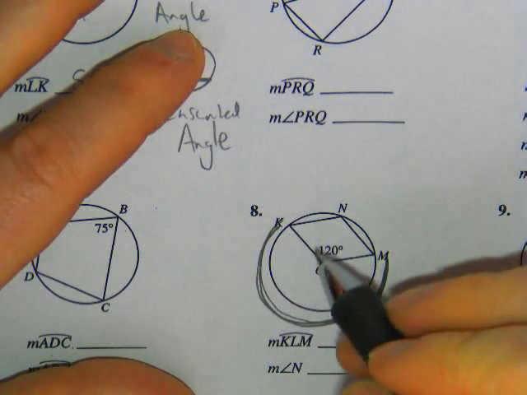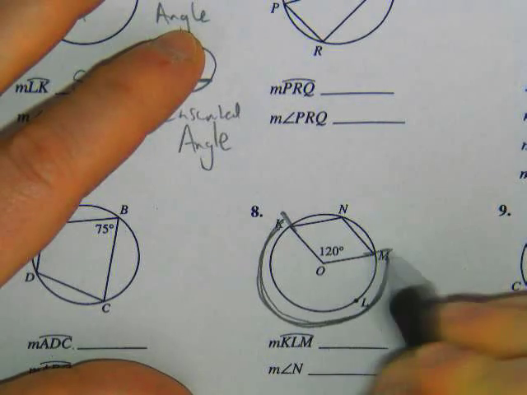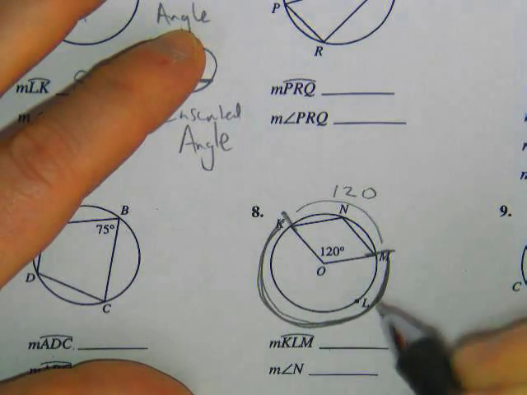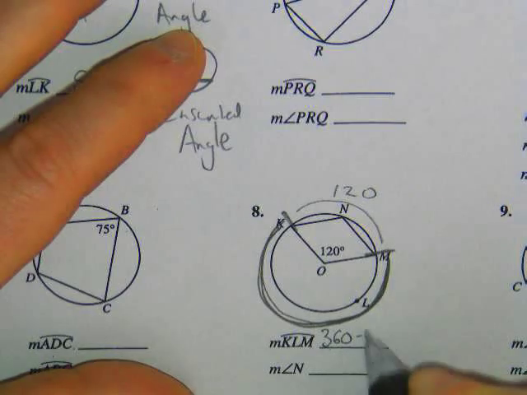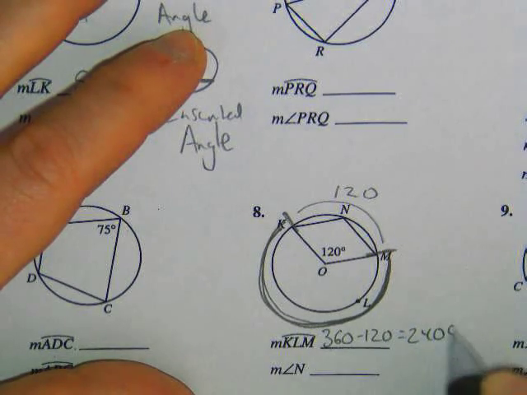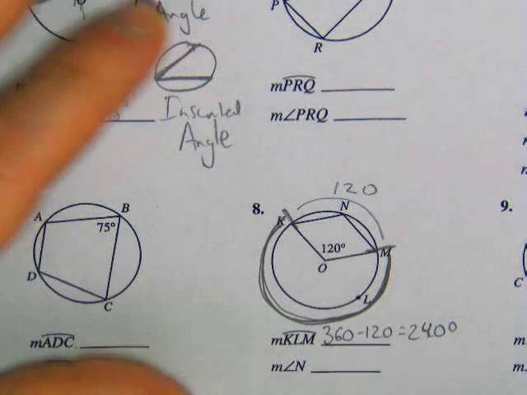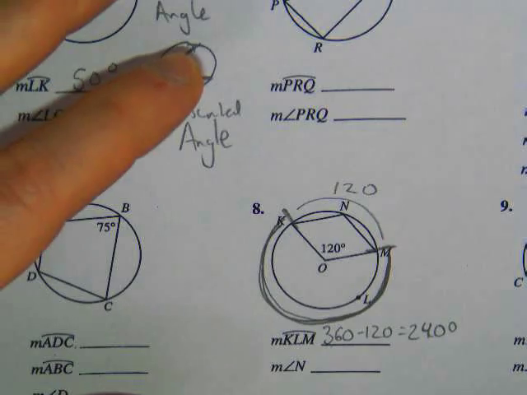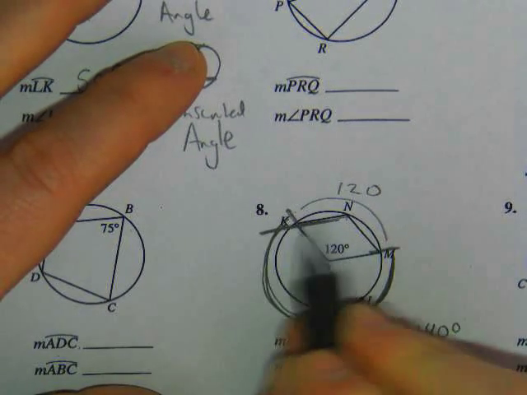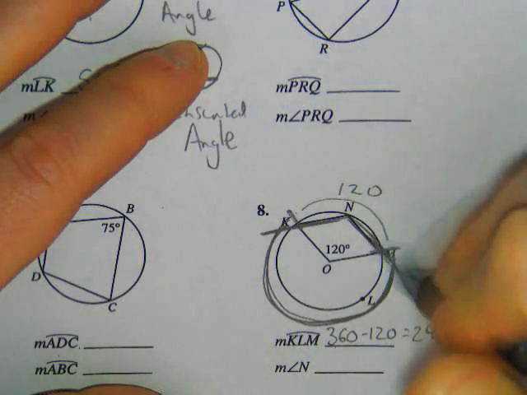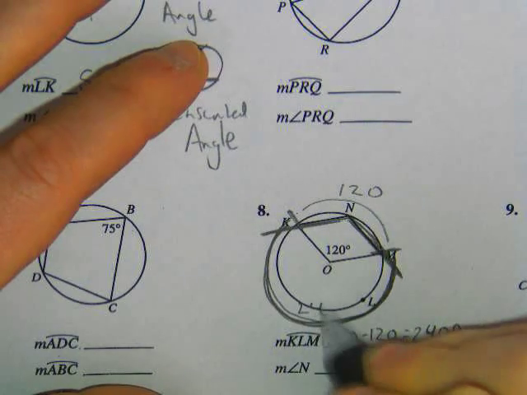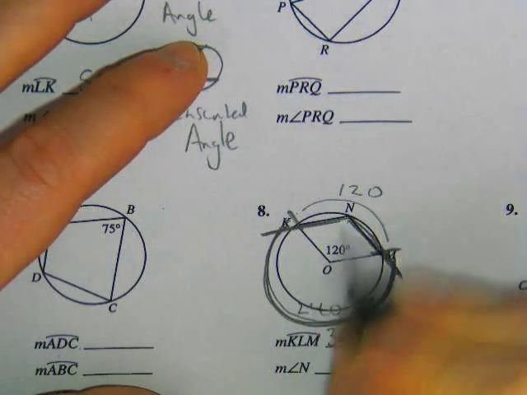So it's everything that is not here. And that's a central angle, so this arc will be 120. So KLM is going to be 360 minus 120, which is 240 degrees. And then angle N, this angle right here, matches up with this arc, which we just found was 240, and that's an inscribed angle, so it's going to be half, so it'd be 120.